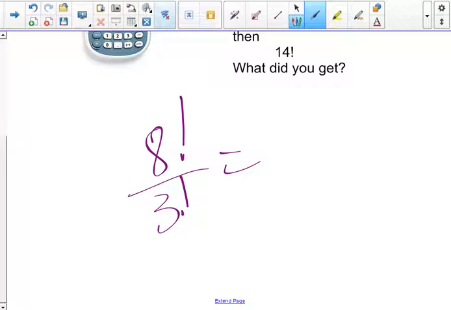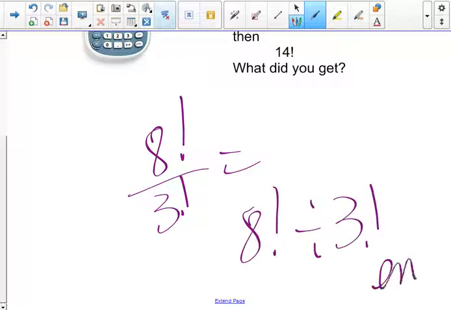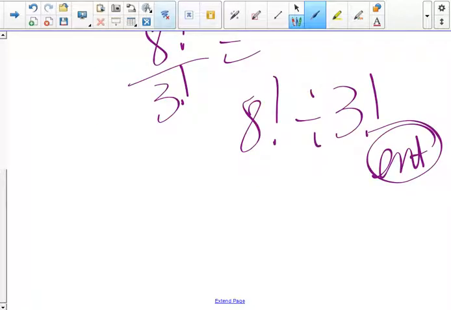The N over D is a really good suggestion. But what we did this morning, I just did 8 factorial divided by 3 factorial, don't press enter yet. And then press enter. So you should see this on your screen, 8 factorial divided by 3 factorial, and then press enter. And when you do, I want to see what you get on your board.